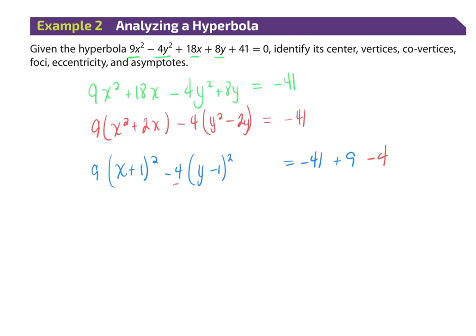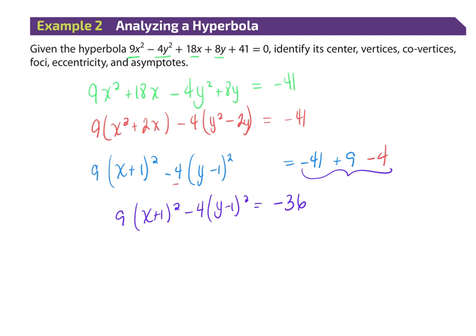And so when I do this particular one, I have my 9 times x plus 1 squared minus my 4 times y minus 1 squared. And then this guy right here is going to be -36. So now I'm dividing by a negative, which is going to flip which guy's positive and which guy's negative, right?